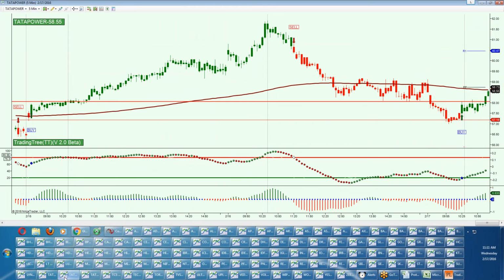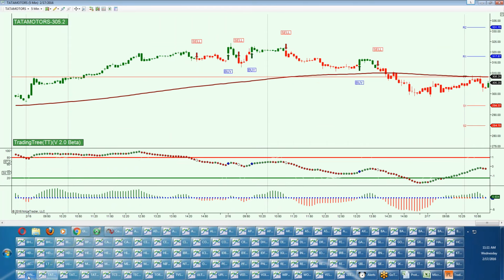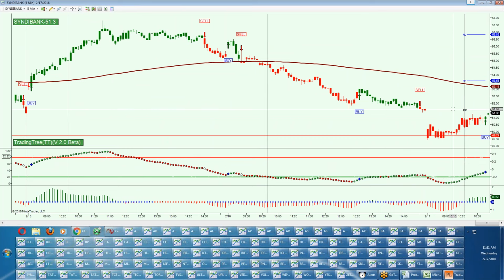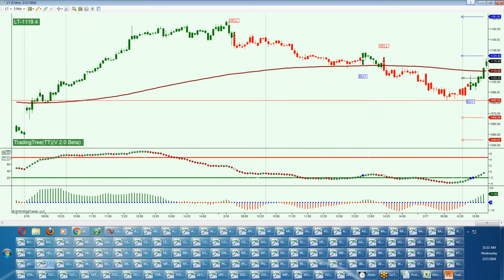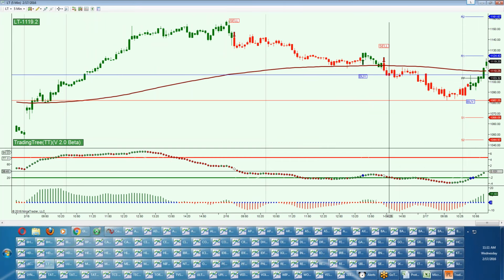So Tata Power has done its first level of target. Syndicate Bank consider buying above 5160. L&T is already moved up. That is your entry. So target can be 124 for that, the first target.